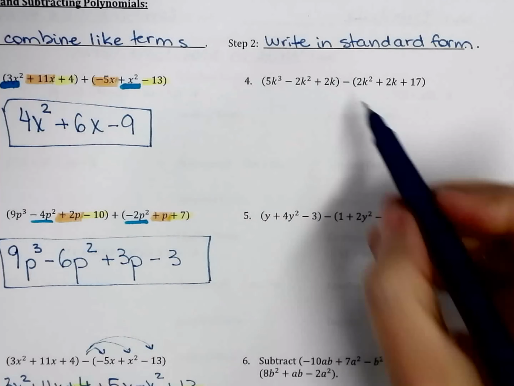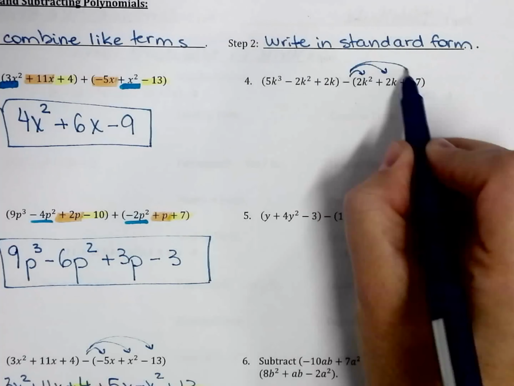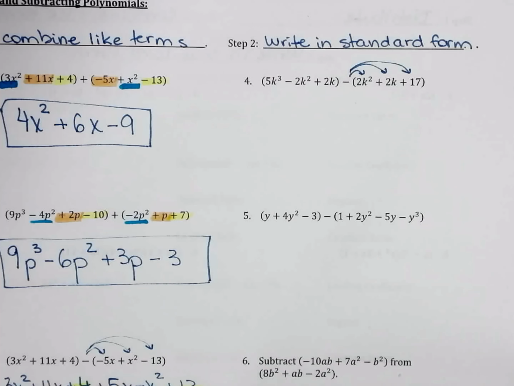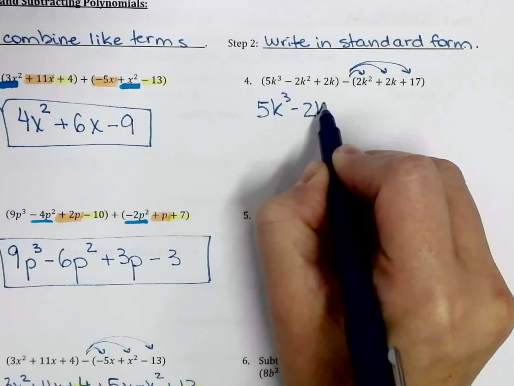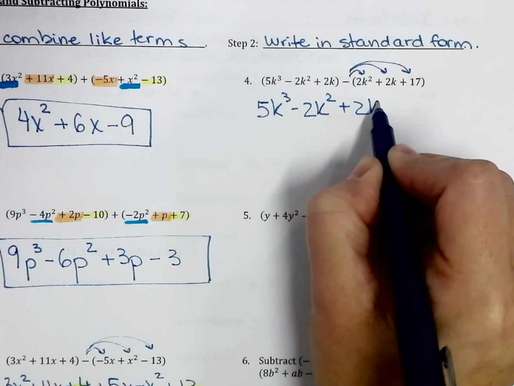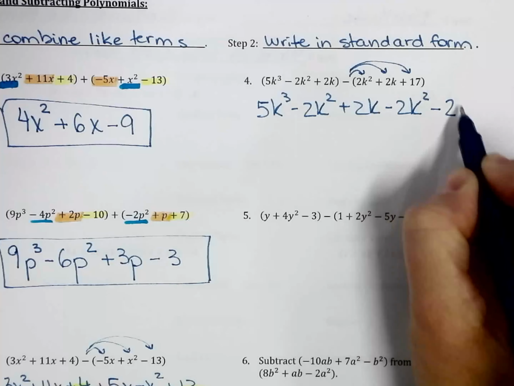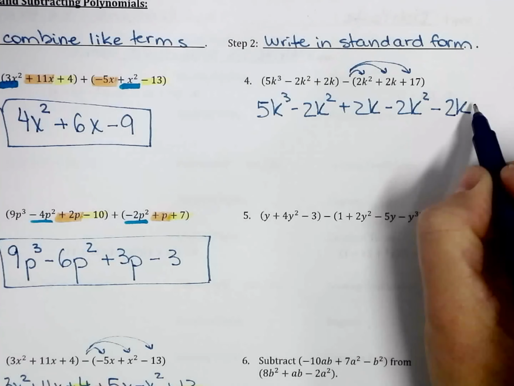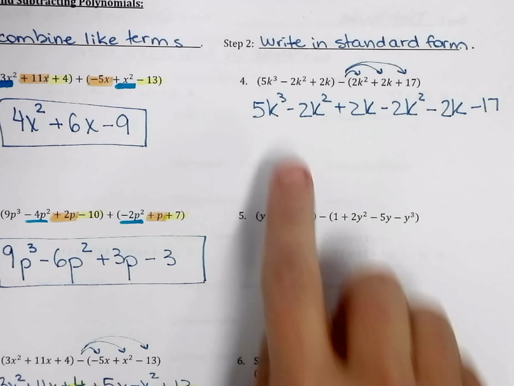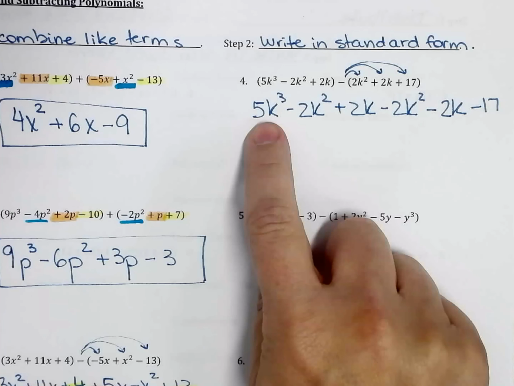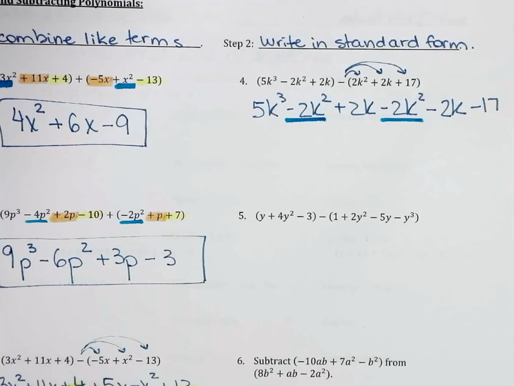Number 4 right there. Again, I have to distribute that negative, just like what we did in number 3. So negative 2k squared minus 2k minus 17. I don't have another k cubed. I have k squared.